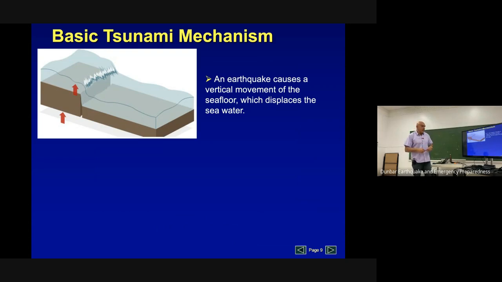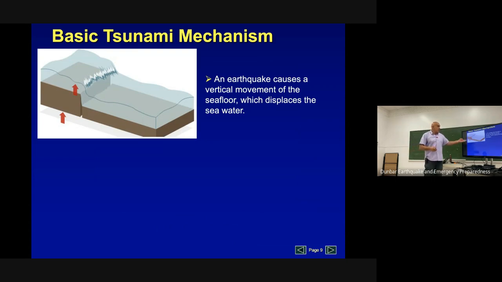But typically, we have the fault here west of Vancouver Island. And if that fault creates this vertical motion that I was talking about, and then you multiply this vertical motion of 10, 15, 20 meters by 800 or 900 kilometers, then you have lots of water that is going to be mobilized.